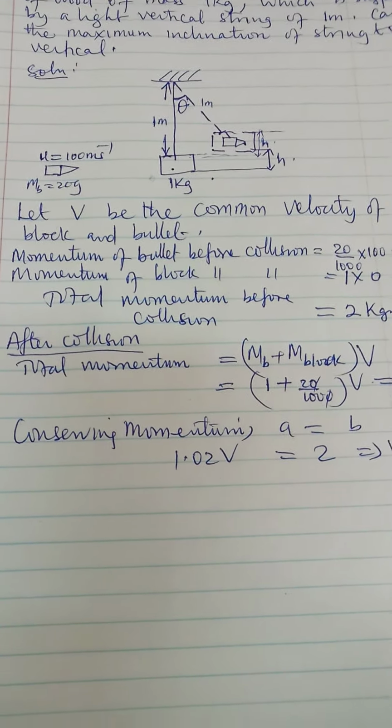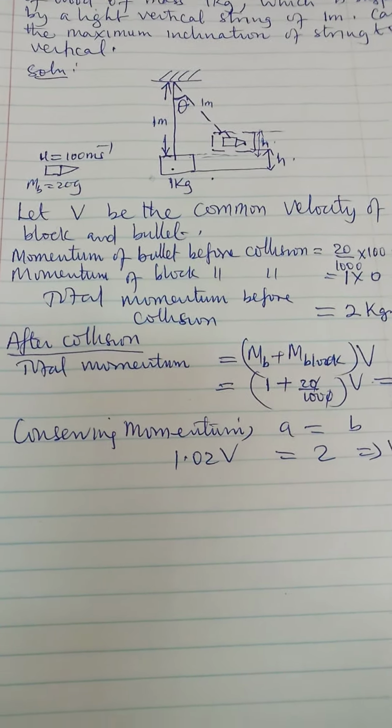We will note here that the kinetic energy of the system after collision will be equivalent to the potential energy gained by the system in rising through the height h.